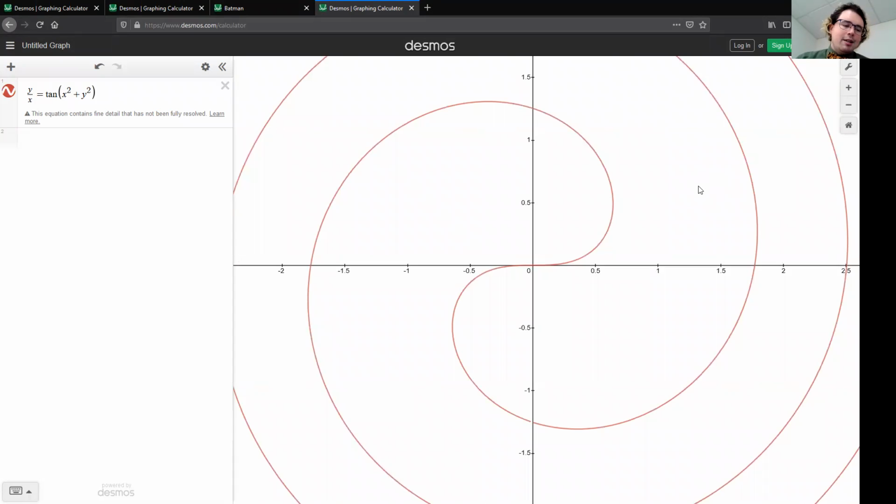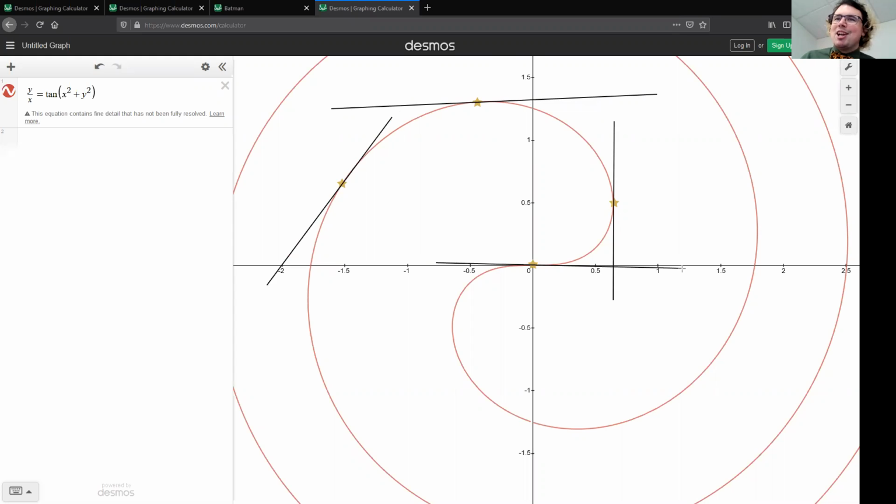As I was saying, this is something that we should be able to find tangents for, right? So pick your point. Maybe you want it there, or here, or here, or here. This curve looks smooth enough that I should be able to find tangent lines at each of those different coordinates.